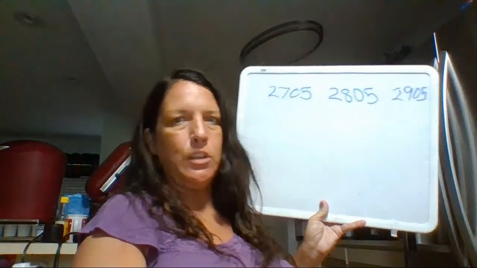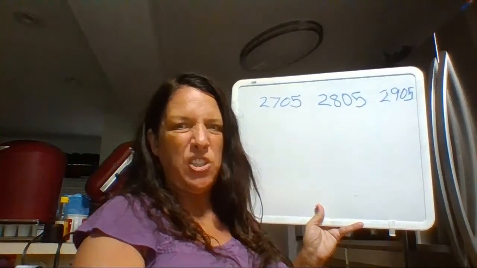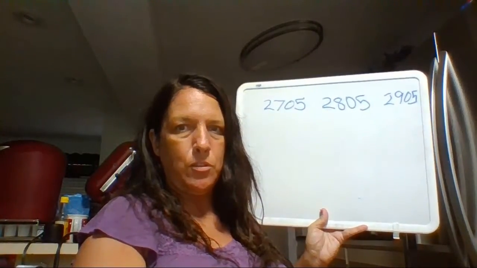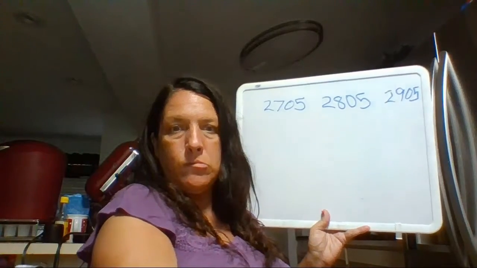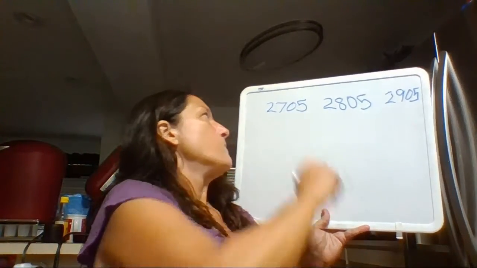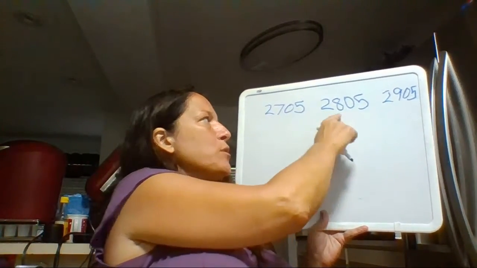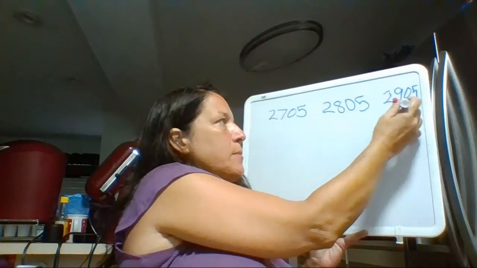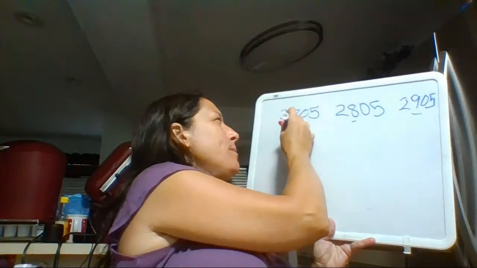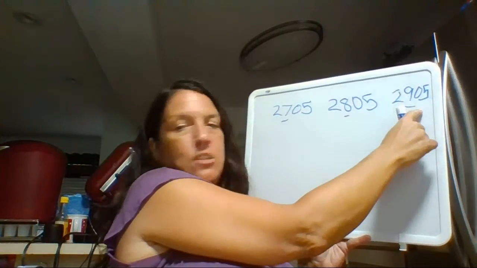Well, the first thing you have to look at, folks, is what's changing in these numbers. Does the 2 change? No. Does the second number change? It does, doesn't it? What about the third number? Is the third number changing?